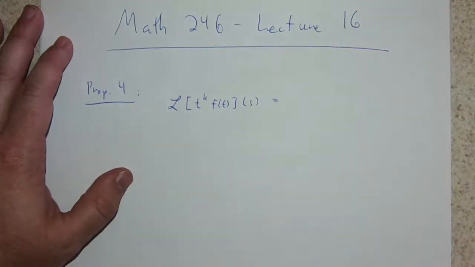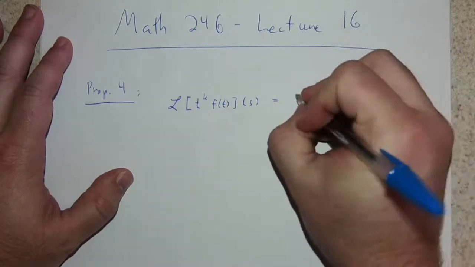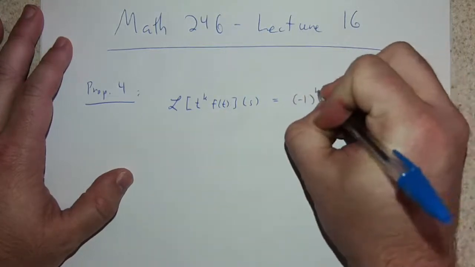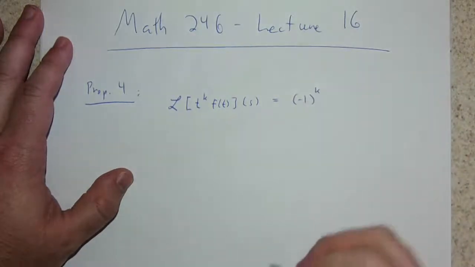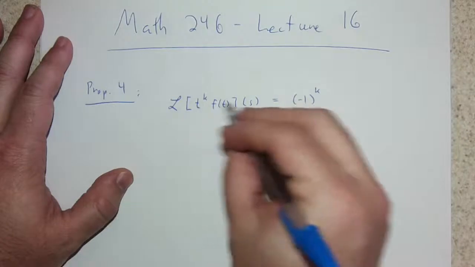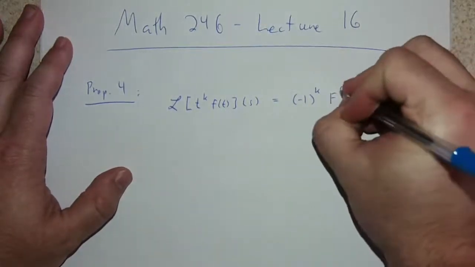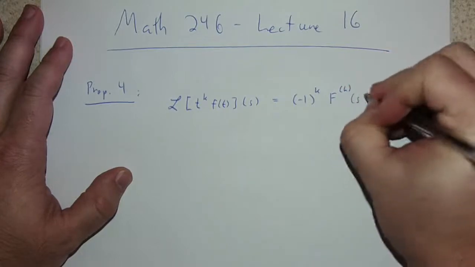It turns out that an easy way to compute this in terms of the Laplace transform of f is that this is minus 1 to the k times the kth derivative of the Laplace transform of f.